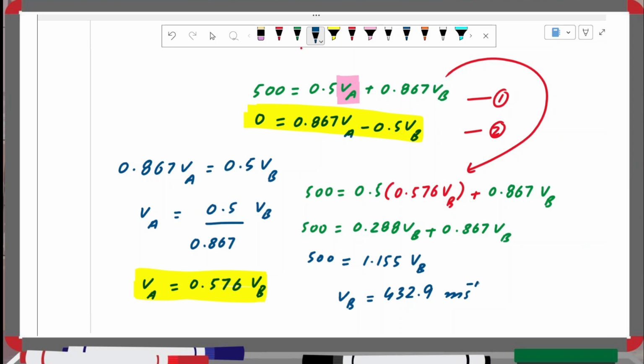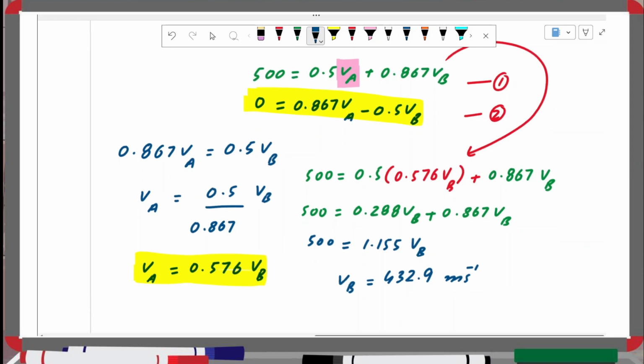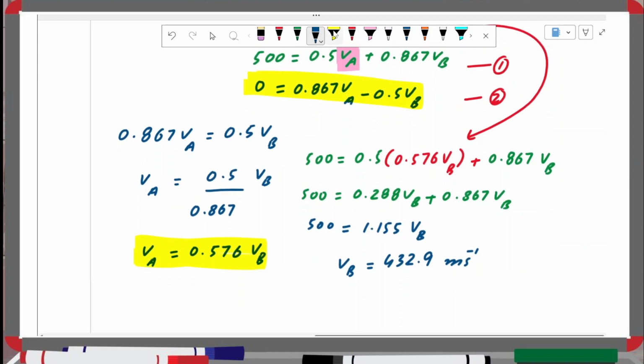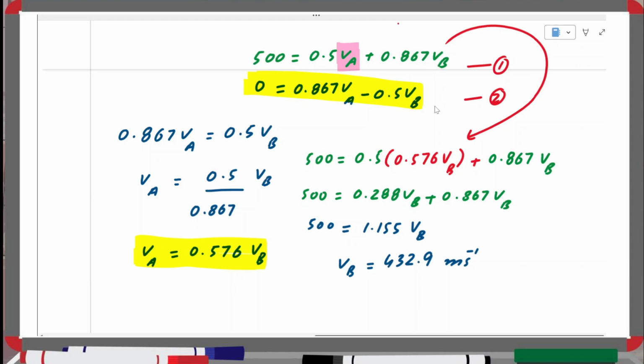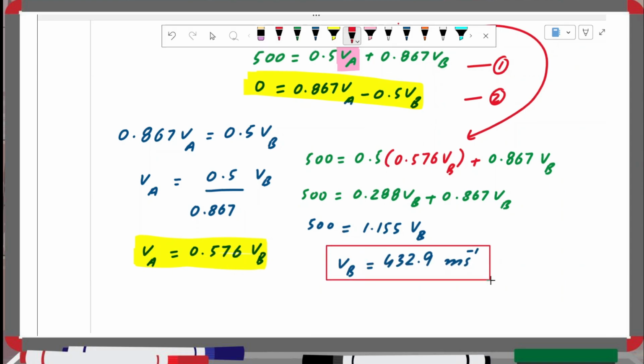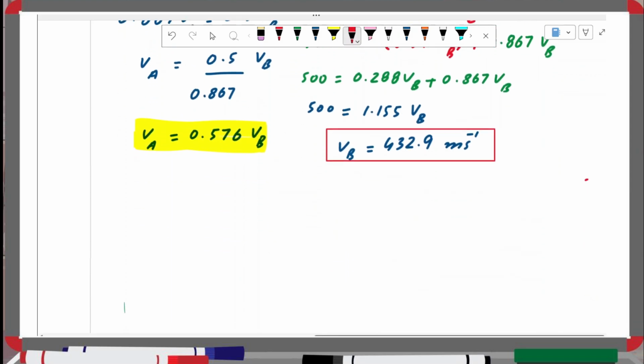But let us find the value of VA now. We already have the value of VB. This is the first value that we have. But let us find the second value and then we can think about the SF and all that. So how do I find the value of VA? I simply insert this value in this equation.